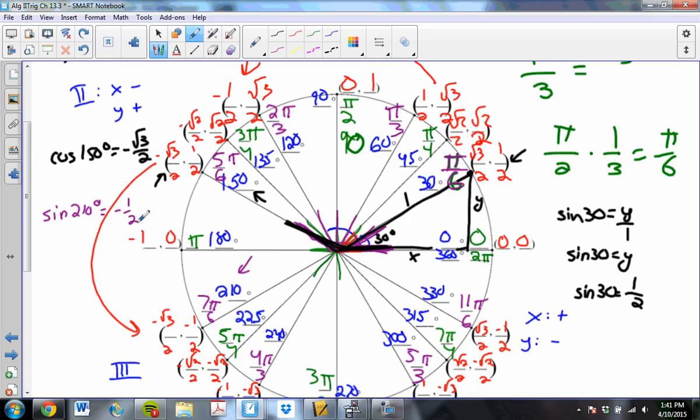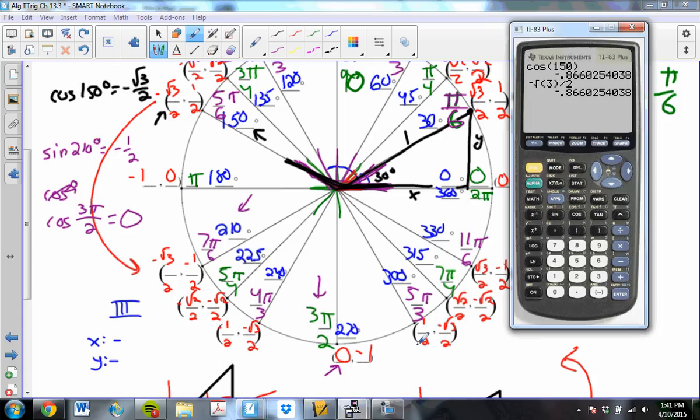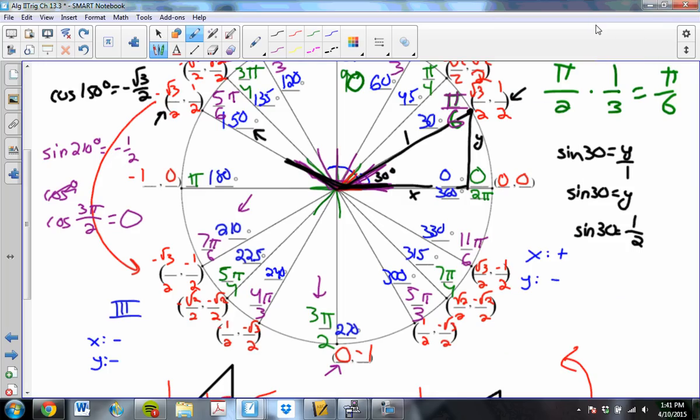And if I wanted to find the cosine of 3 pi over 2 radians, well, 3 pi over 2 radians is here, cosine is the x value, which is 0. So the cosine of 3 pi over 2 is 0. I'll put my calculator in radians to try and show this to you. The cosine of 3 pi divided by 2 is 0, just like I said it would be.